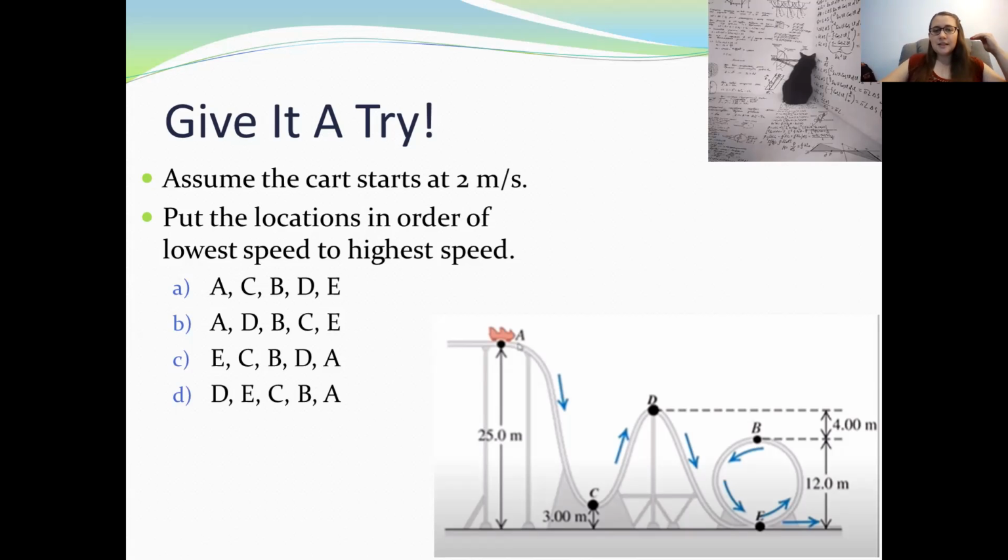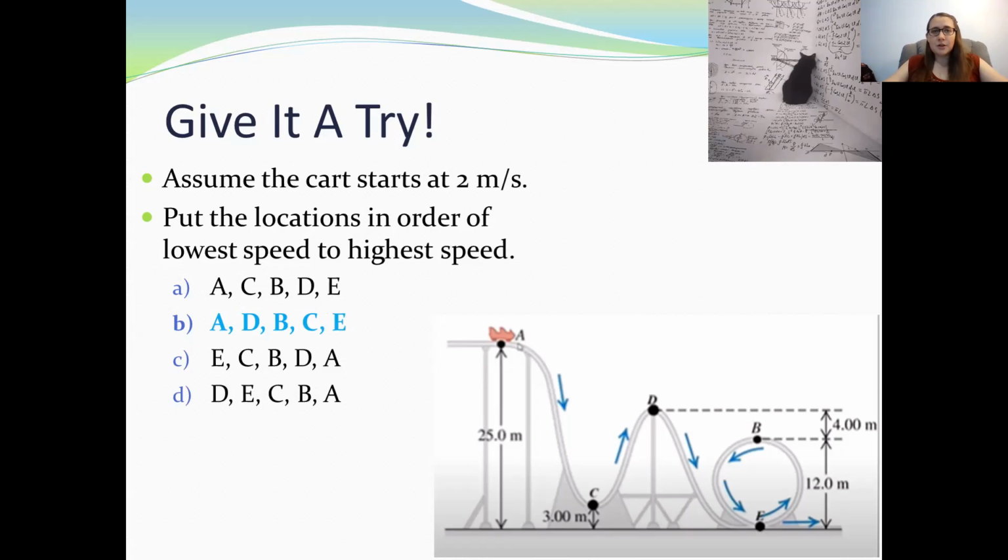And so, of course, we can see there at point A, it's the highest off the ground, so it has the most potential energy there. The next highest point is D. The next highest point is B. The next highest point is C, and the lowest point is E. So this B is our correct answer.